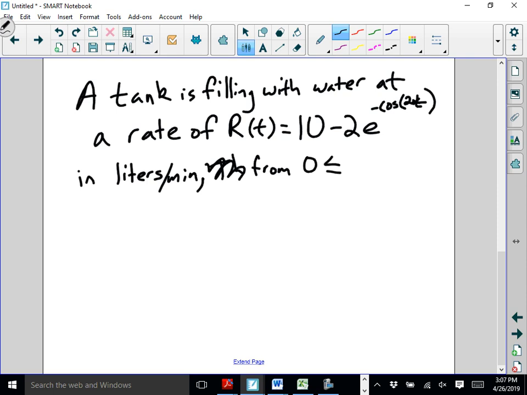Okay. And let's say d of t equals 0.5x squared plus 1 is the rate the tank is draining.